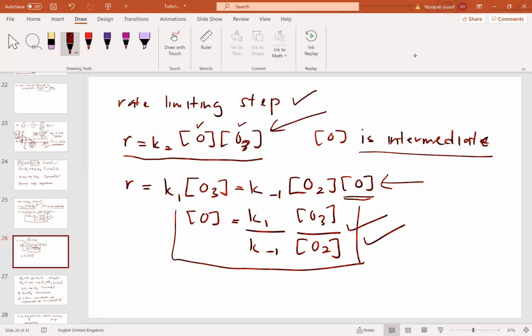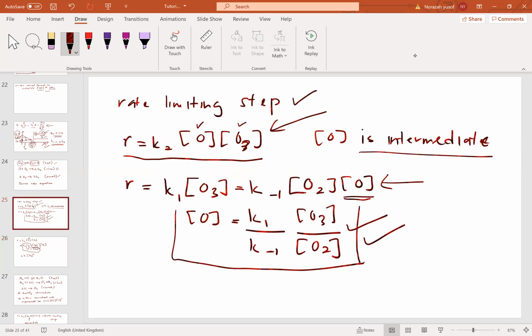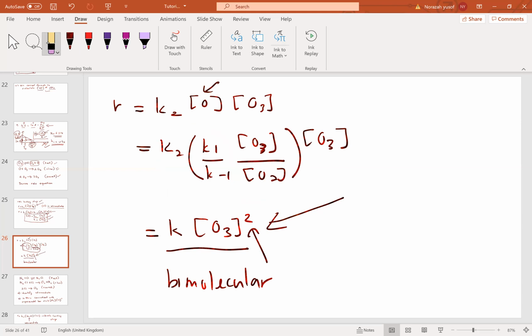After replacing the oxygen atom into the rate equation of the limiting step, we can see that the final expression for the overall rate equation is K times O3 with the order of 2, which is bimolecular.